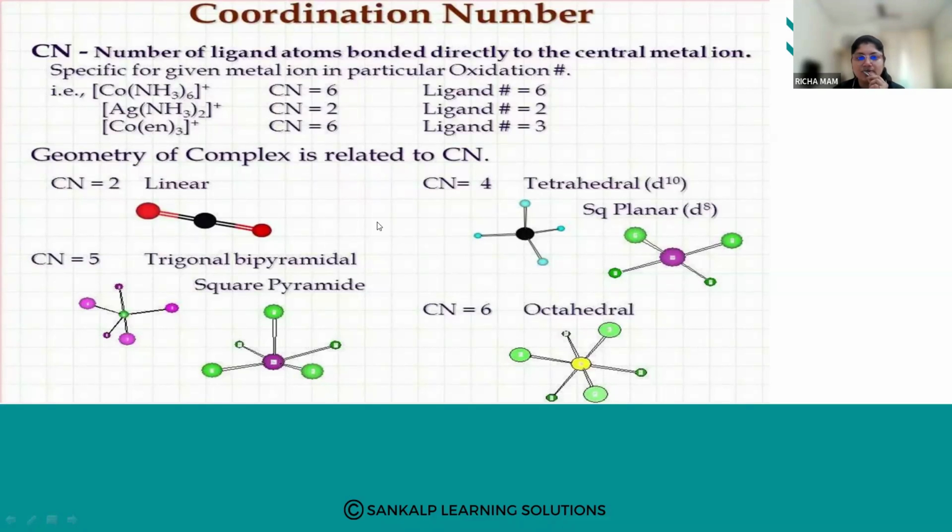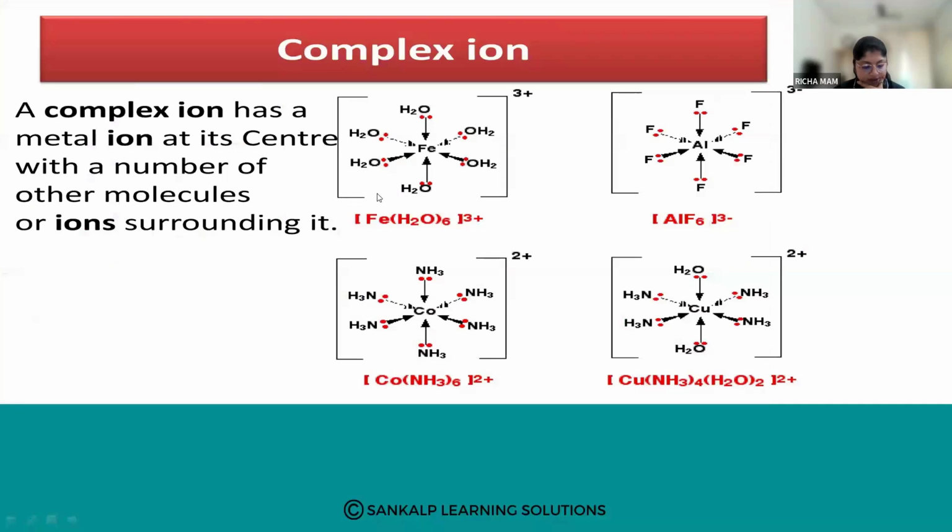I've shown you, and here also they have given the structures. Whoever has not attended the class yesterday can go through the structures here. This is square pyramidal, this is trigonal bipyramidal. And when you have coordination number 6, you have octahedral: four atoms at the four corners of a square, and one above and one below. So this is about the geometry, which is related to coordination number.